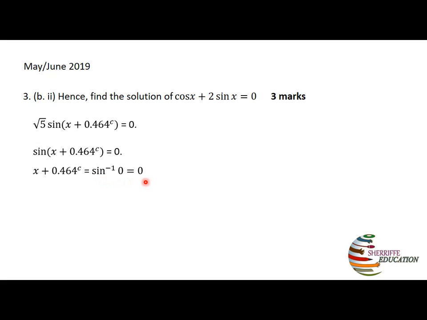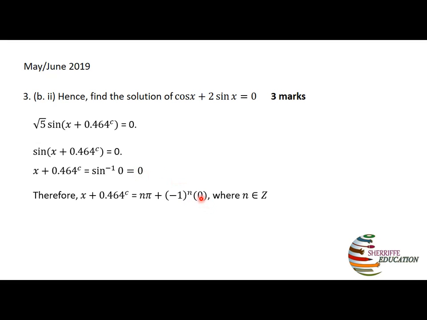Now, using our knowledge of the general equation for sine, we have x plus 0.464 radians is equal to n pi plus negative 1 to the n times 0. So whatever we get for the acute angle here, that's what we'd put here.